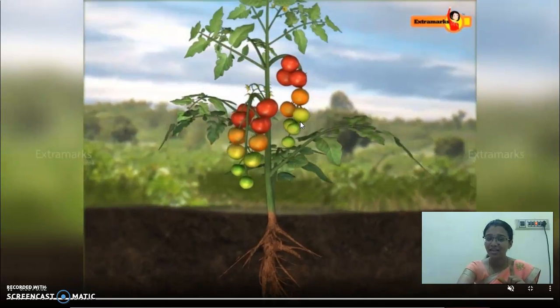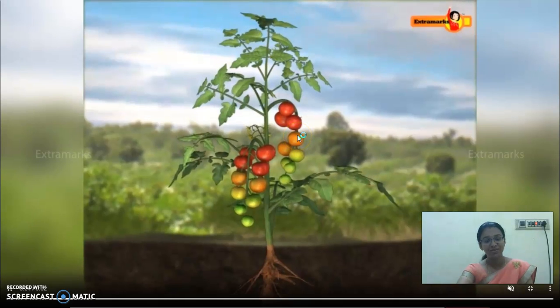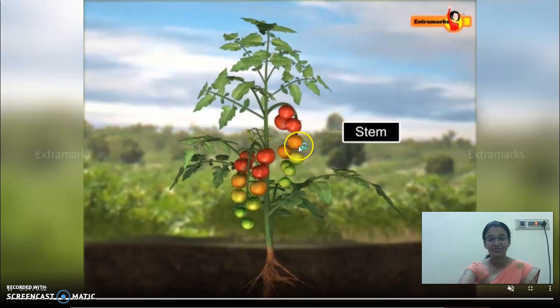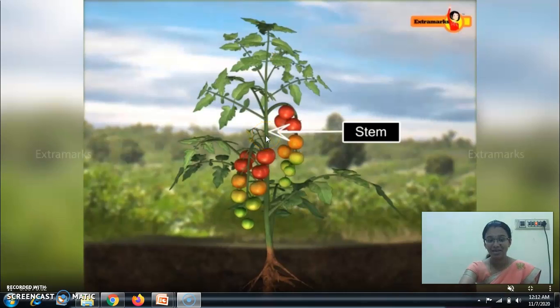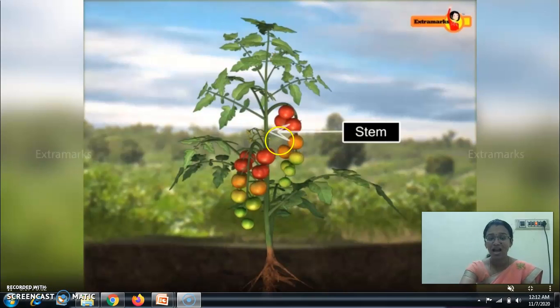And then what would be the second part, children? We have seen parts of plant, right? Here the second part which they have given is stem. The stem helps in fixing the plant. It helps to support the plant to stand erect. This stem has nodes and internodes.